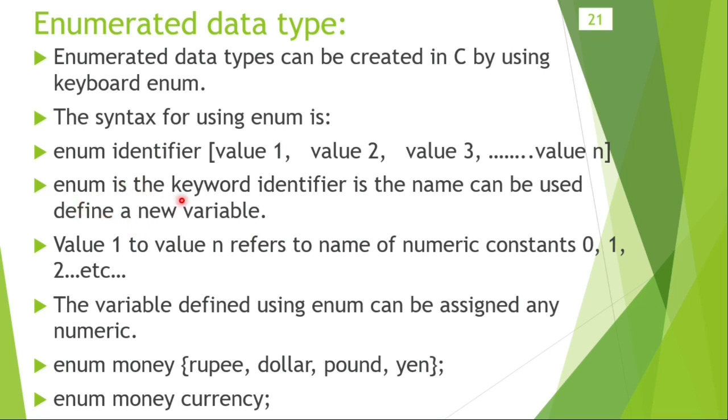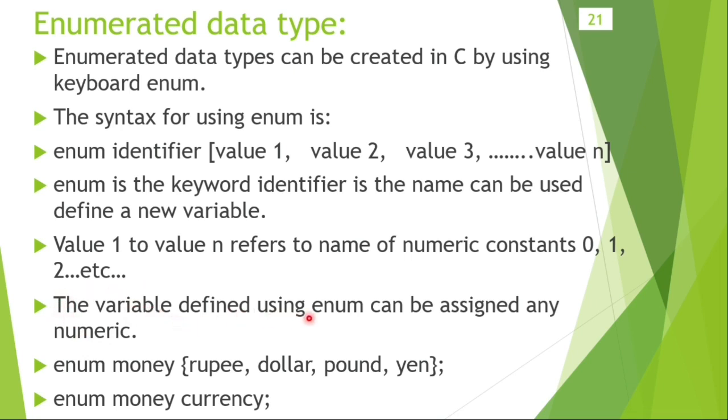So enum is the keyword, and identifier is the name that can be used to define a new variable. Value 1 to value n refer to names of numeric constants, say 0, 1, 2, and so on.